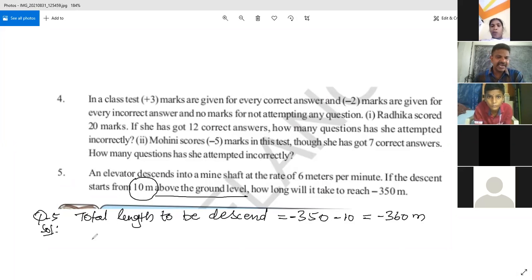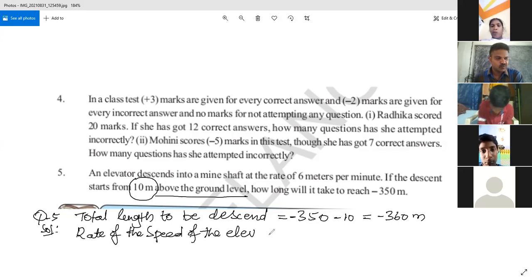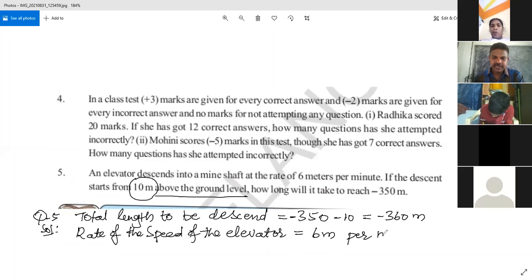Then we have to write the rate of the speed of the elevator. What is the rate of the speed? 6 meters per minute.